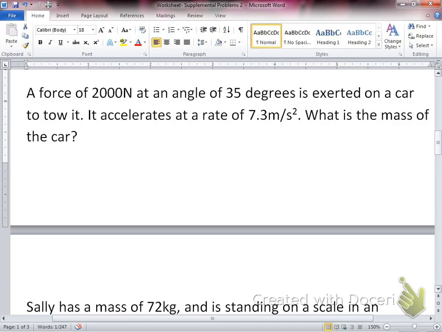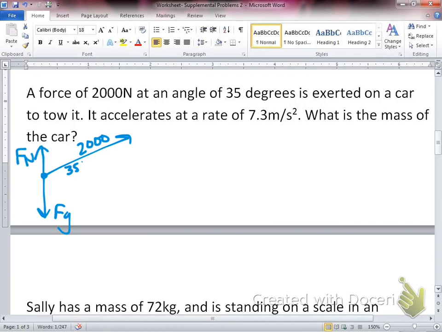Okay, so let's start with our free body diagram. First, every time, free body diagram. So we've got some force applied at an angle here, 2,000 newtons. What other forces do we have acting on our car? FG, good, and the normal force.